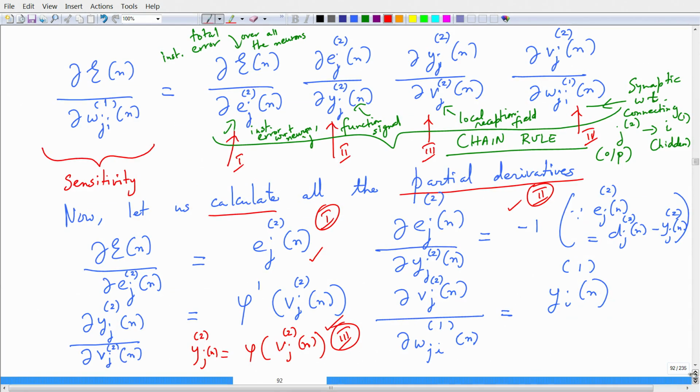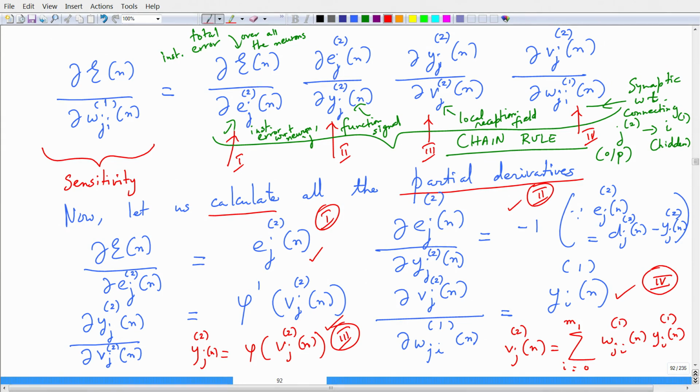Now, from this we straightforwardly get this equation here, which is yi of n, taking the partial derivative. Just to recall, this is what we have, indicative of the layer numbers. So, this is also clear.